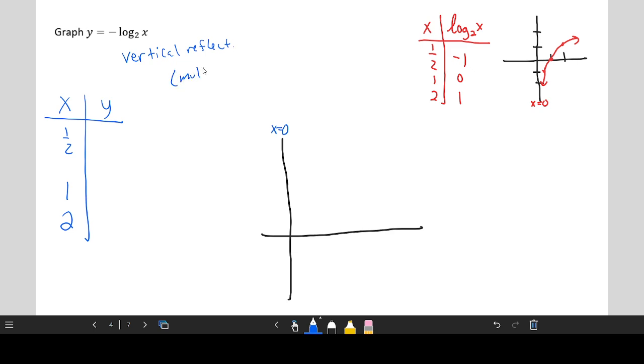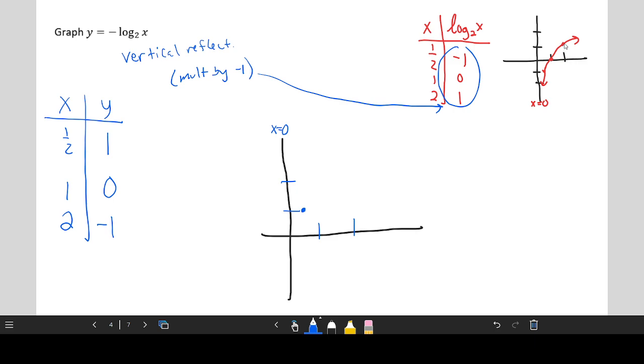Because we're multiplying the function by -1. So all we got to do is take the old y values and multiply them by -1, and that will give us the new y values. So -1 becomes +1, 0 stays the same, and then 1 times -1 for that. So the point here that was at 1/2, -1 now gets reflected up, and it's above the x-axis here.